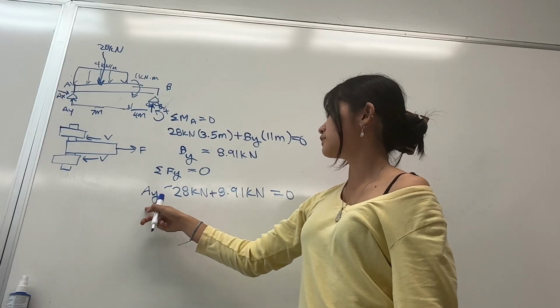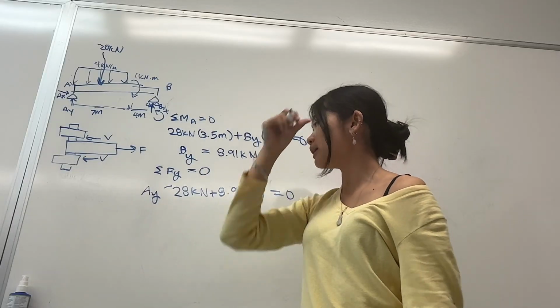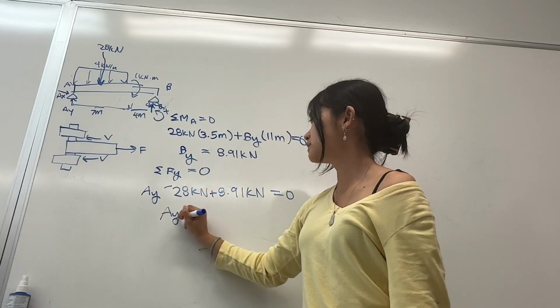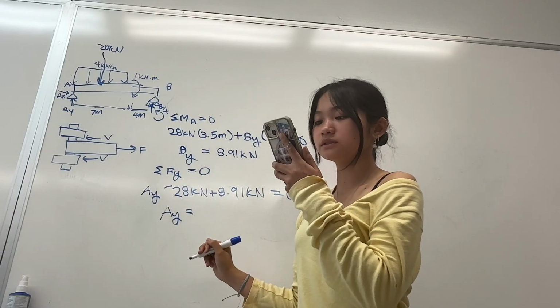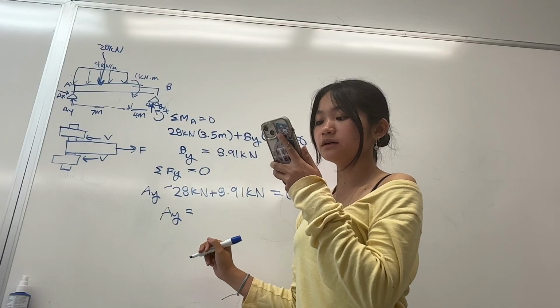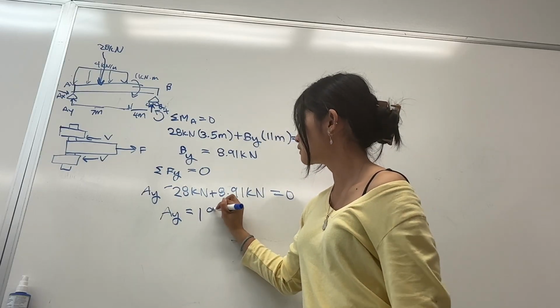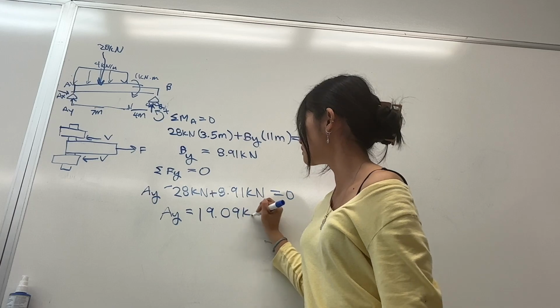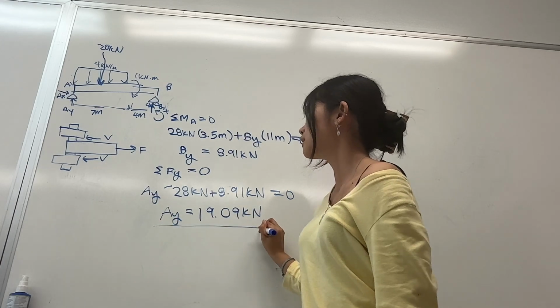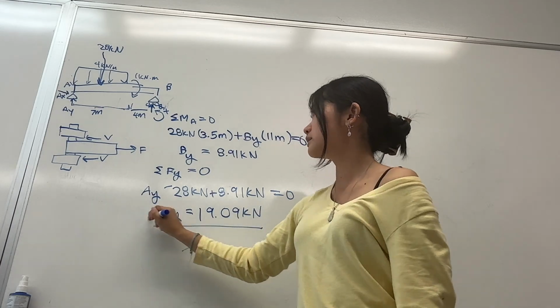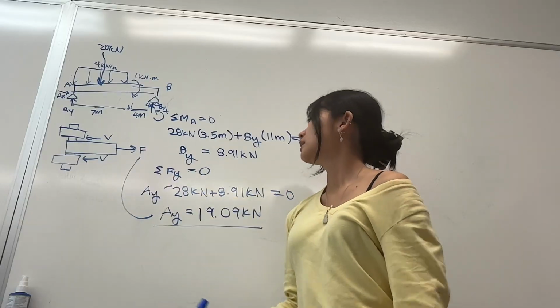So from this, we can isolate Ay, and solving for this, we receive Ay is equal to 19.09 kilonewtons. So Ay is this right here.